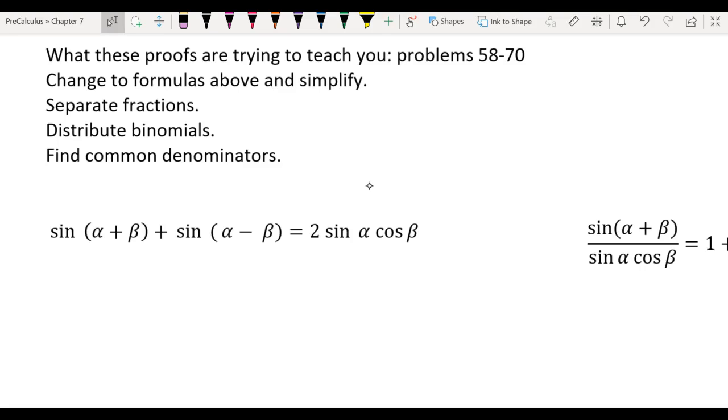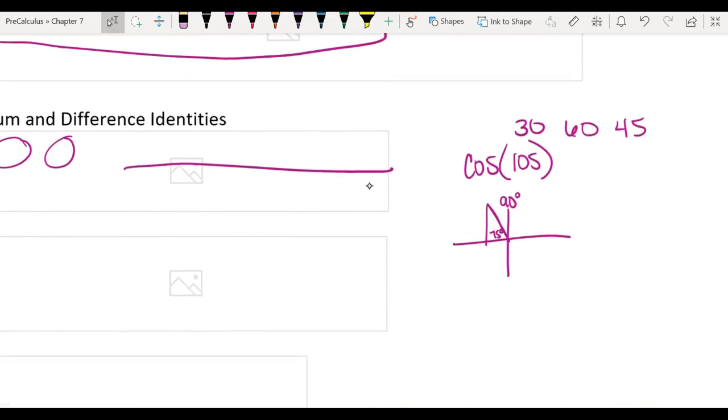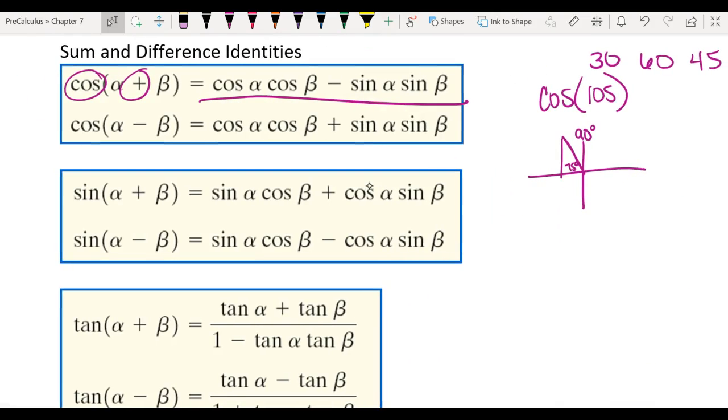It's sine. Sine of alpha, cosine of beta, plus cosine alpha, sine of beta, okay? From our front page. I'm just copying the formulas from the front page that we're going to use. Sine plus. Now I'm going to copy down sine minus.